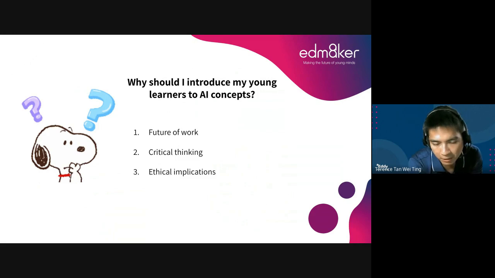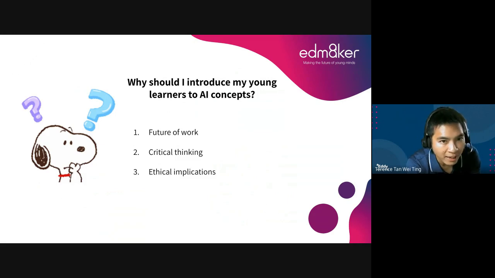And the last bit, no less important, is about ethical implications. I think AI, like anything, is a tool, right? It can be used in a number of ways, both for the good of humanity and for the negative elements. And I think considering the ethical implications of AI requires an understanding of how AI works.